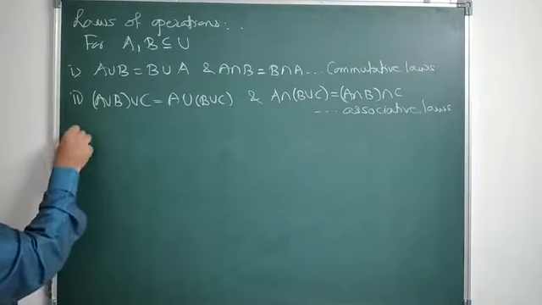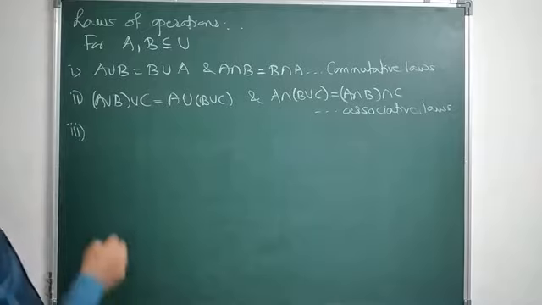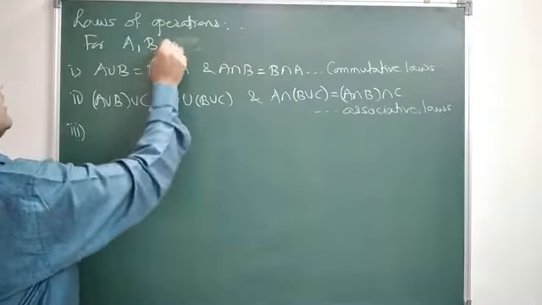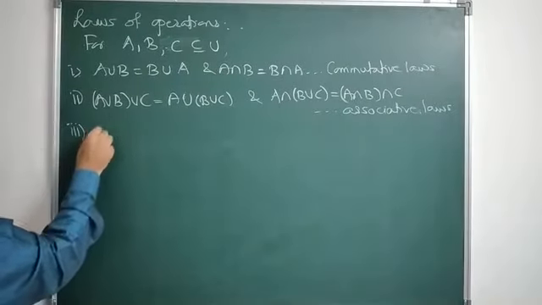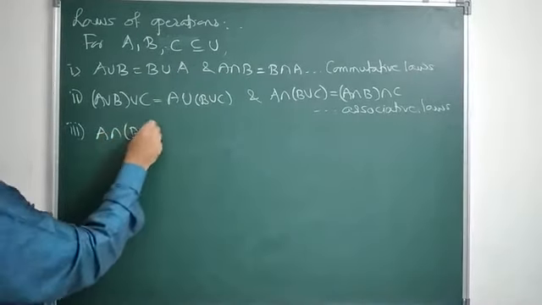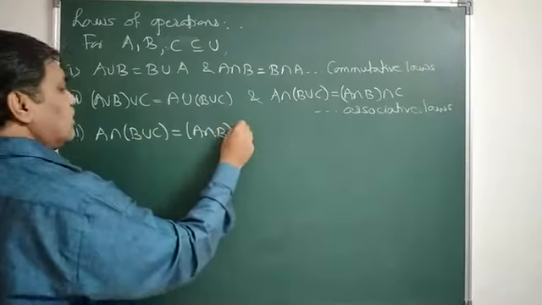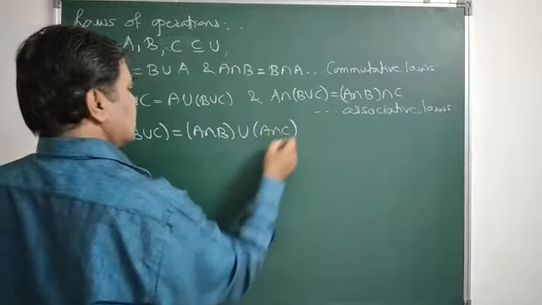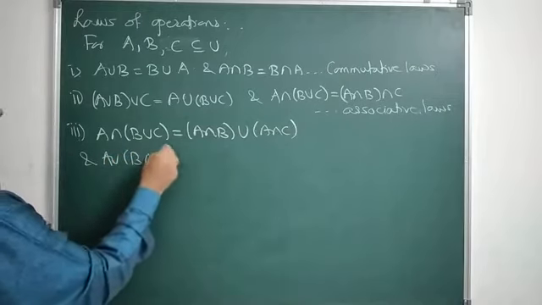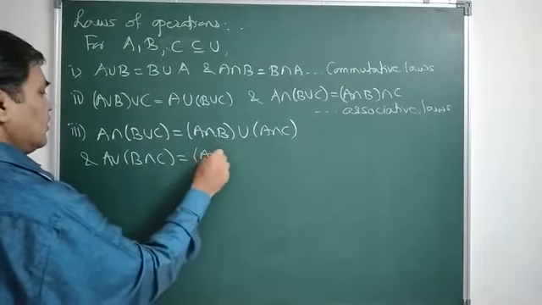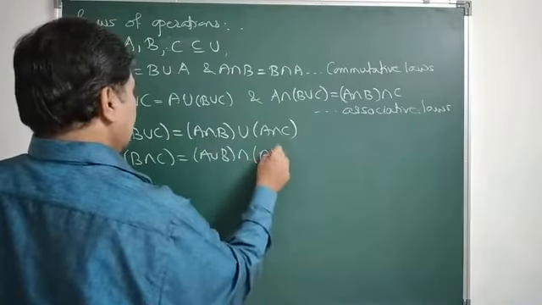Third law, for A, B, C subsets of U: distributive laws. A intersection (B union C) is equal to (A intersection B) union (A intersection C), and A union (B intersection C) is the same as (A union B) intersection (A union C).